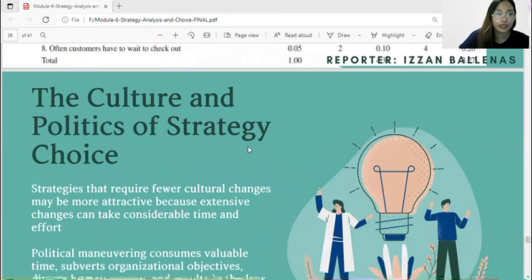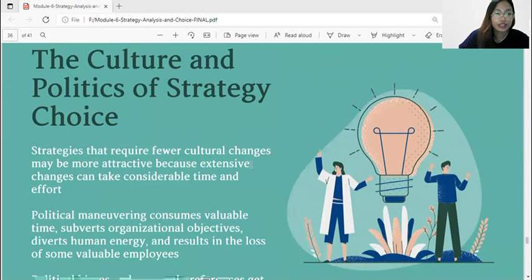The next topic is the culture and politics of strategy choice. All organizations have their own culture, and successful strategies depend on the degree of consistency with the firm's culture. Strategies that require fewer cultural changes may be more attractive because extensive changes can take considerable time and effort.